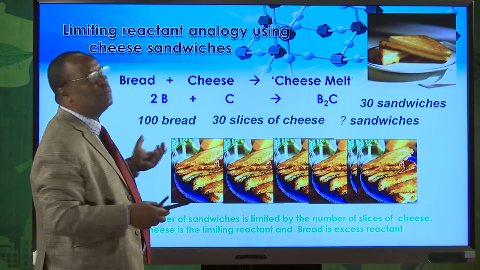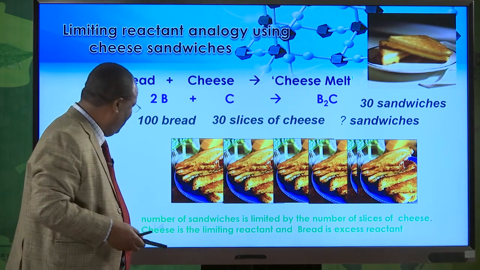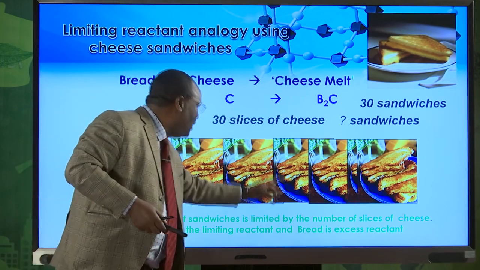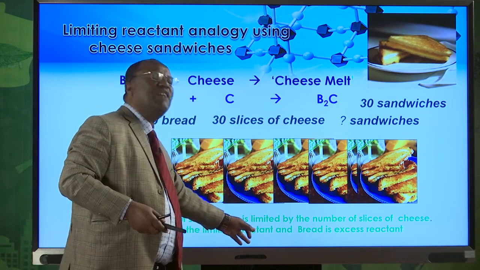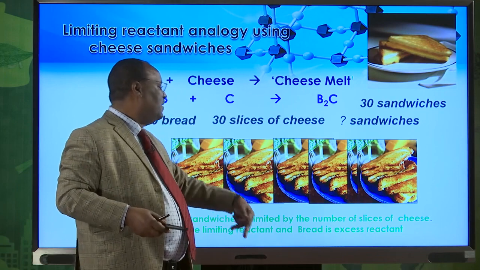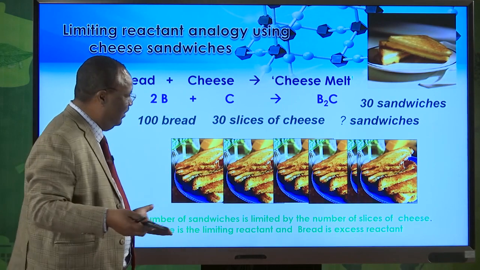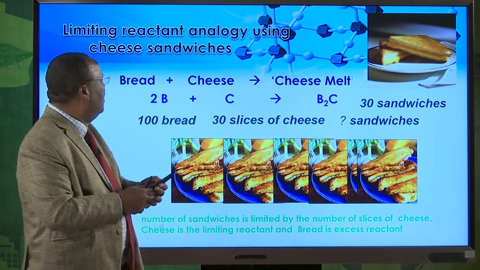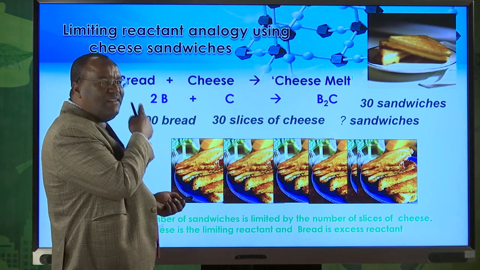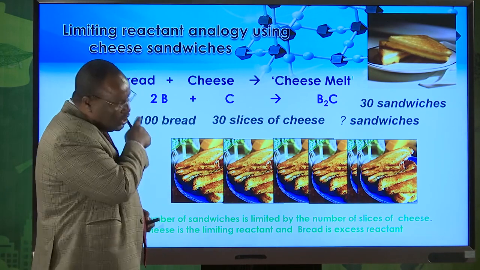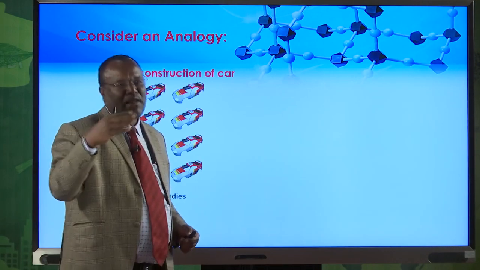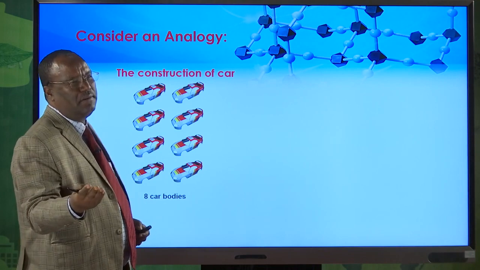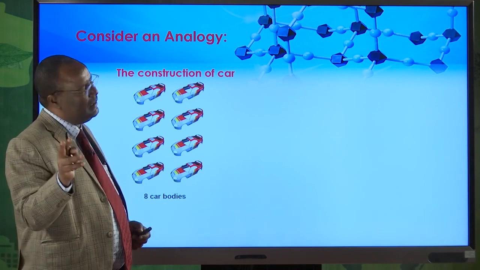How many pieces of bread are left in excess? The number of sandwiches is limited by the number of cheese. Cheese is the limiting reactant and bread is the excess reactant, assuming that this is a chemical reaction.